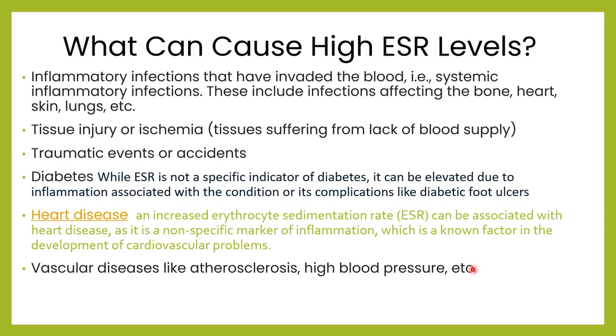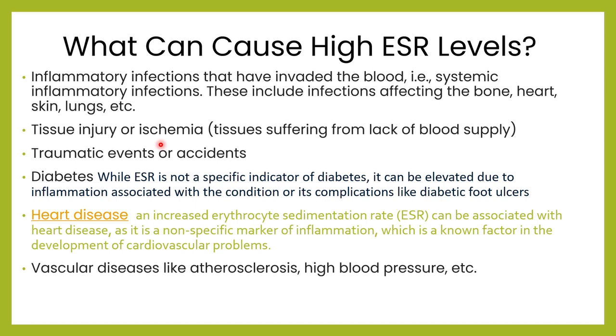Any kind of a tissue injury or ischemia, there is an accident, there is an acute inflammation, there is an acute trauma, ESR is going to go up. Okay, so diabetes, even patients with diabetes, the ESR is high.